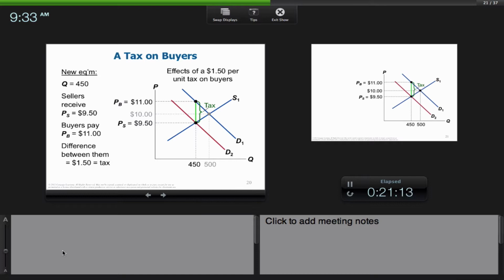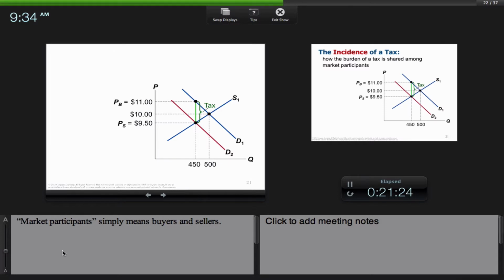All right. So now we have to look at vocabulary here, tax incidence.